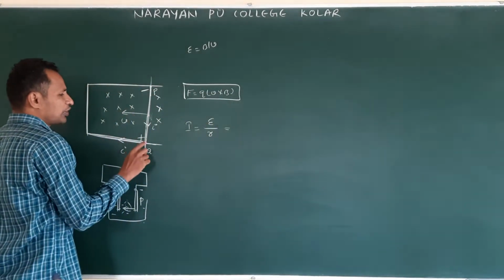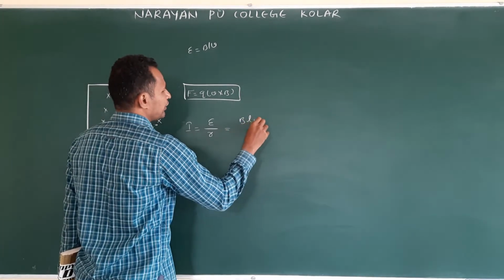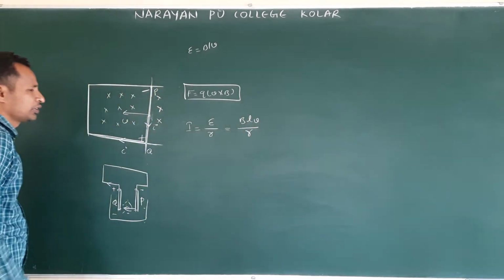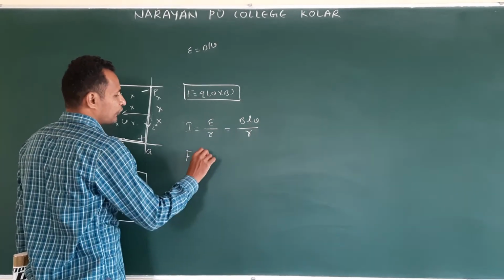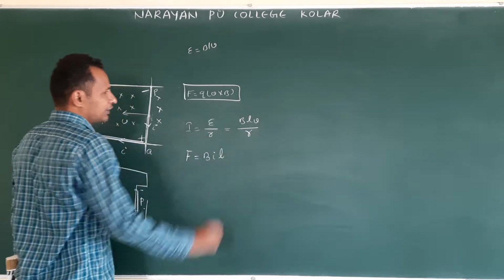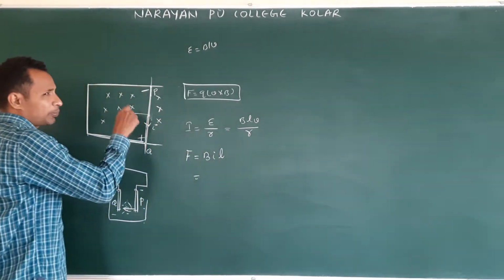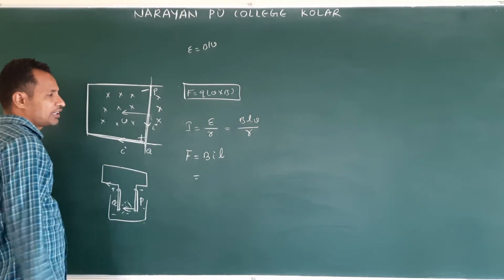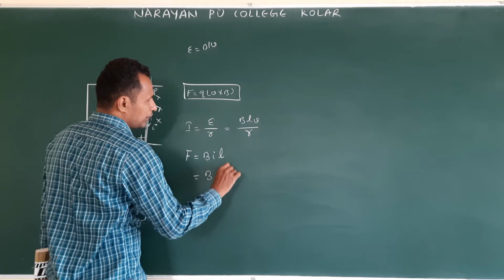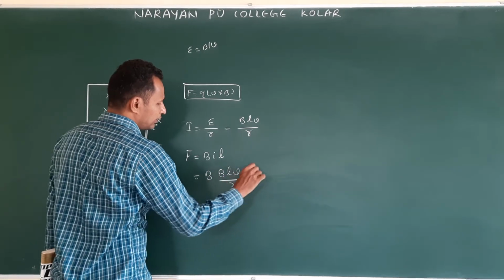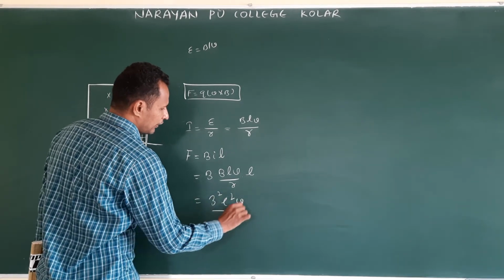The induced EMF developed between P and Q, R is the rod, that is BLv by R. Then we have seen the force experienced by the current carrying conductor in the magnetic field, that is BIL. Okay? BIL sin theta, but these two are perpendicular, already explained in the last class, so I am taking it directly. This is B as it is, I is BLv by R into L. This is B square L square v by R.